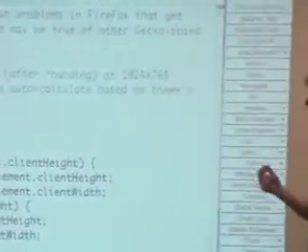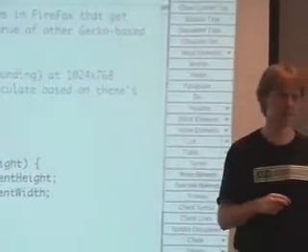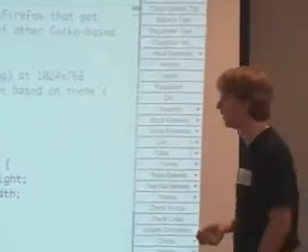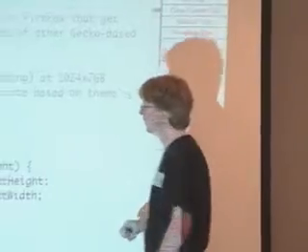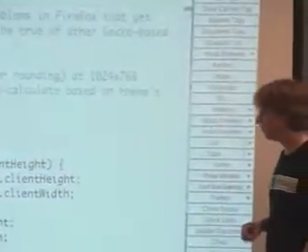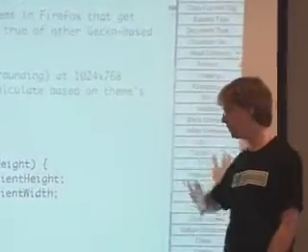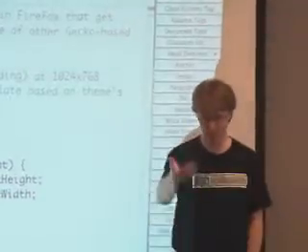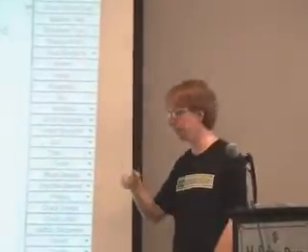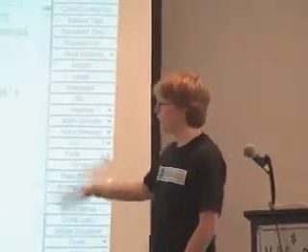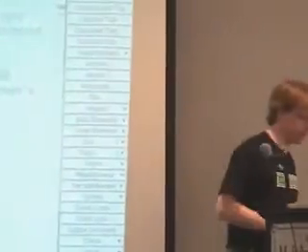Because I'm still making this assumption of 1024 by 768 as the target resolution, which has been true for many years, but you might start, because this projector, for example, I think it starts at 1024 by 768 and goes up from there. But that's how the font scaling gets managed.